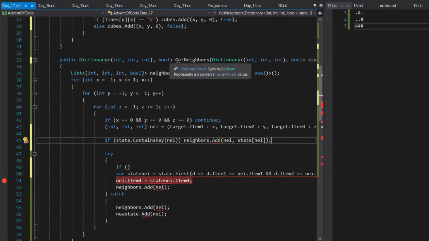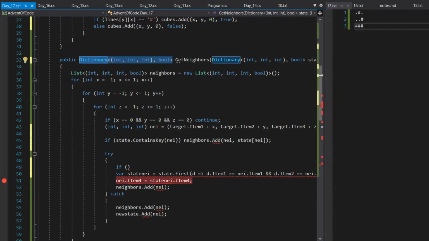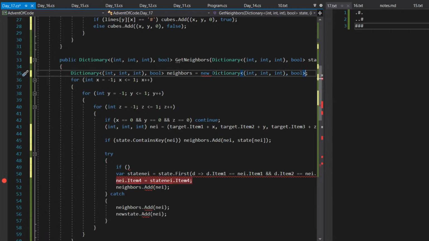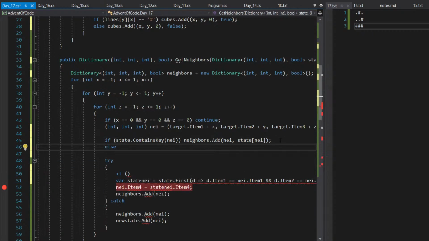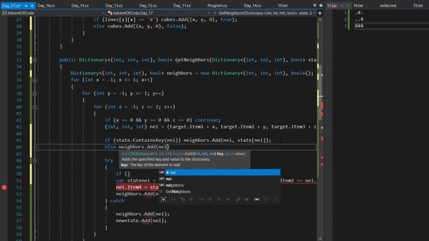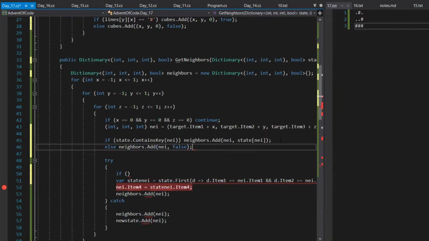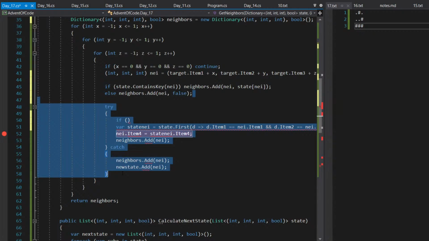Oh, why? Oh, you're still a list. Let me help you with that. Where was I? Okay. Else neighbors dot add neighbor and then false. Yeah, a lot cleaner than this.